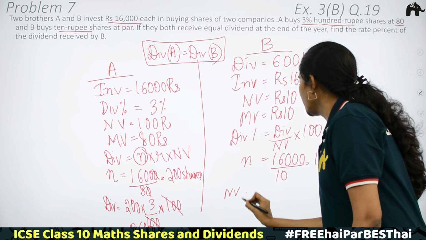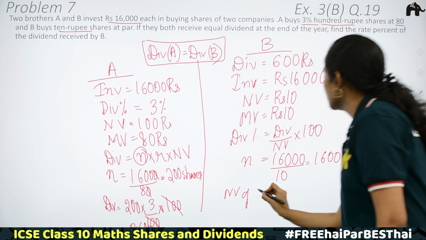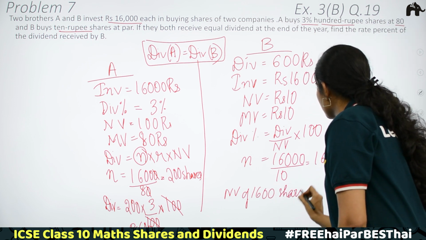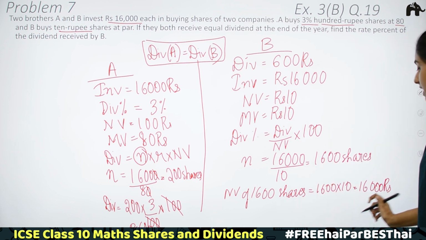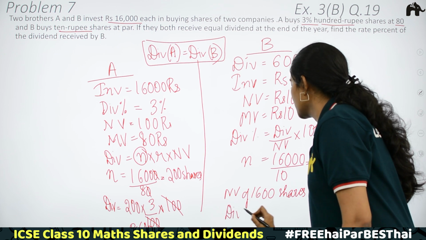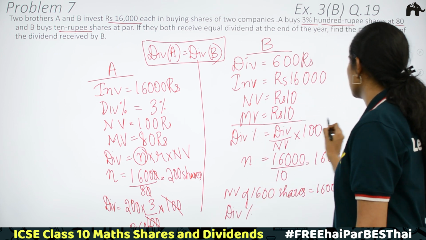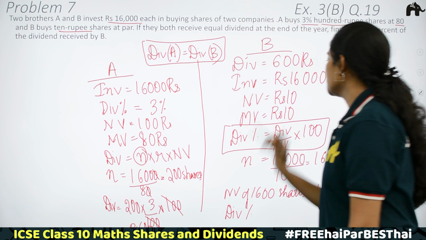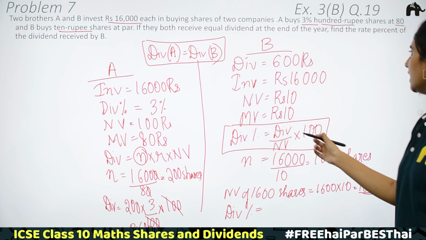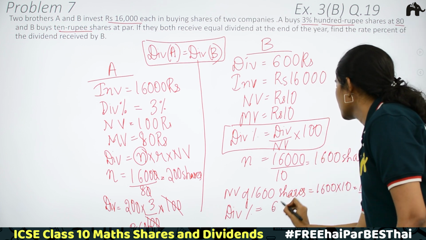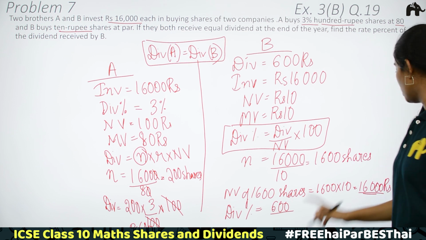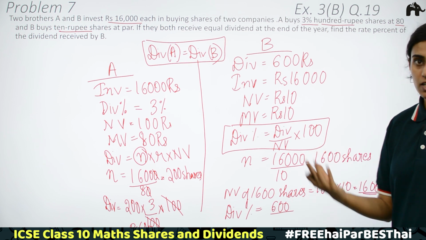Therefore, the nominal value of 1,600 shares is equal to 16,000 rupees. Now we can find the dividend percentage. Just substitute here. Dividend percentage is equal to dividend. What is the dividend here? 600. 600 divided by nominal value. Nominal value of n number of shares.